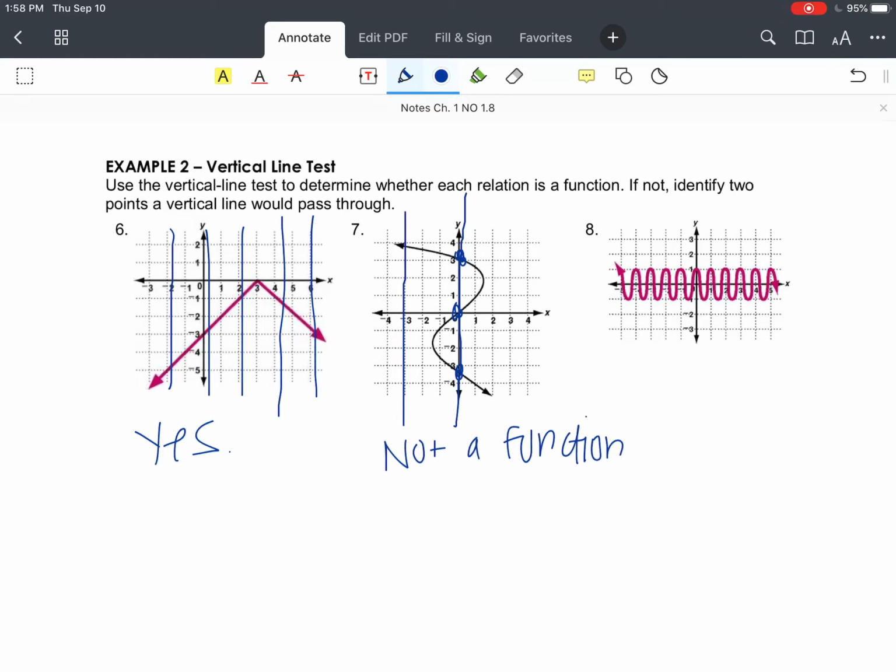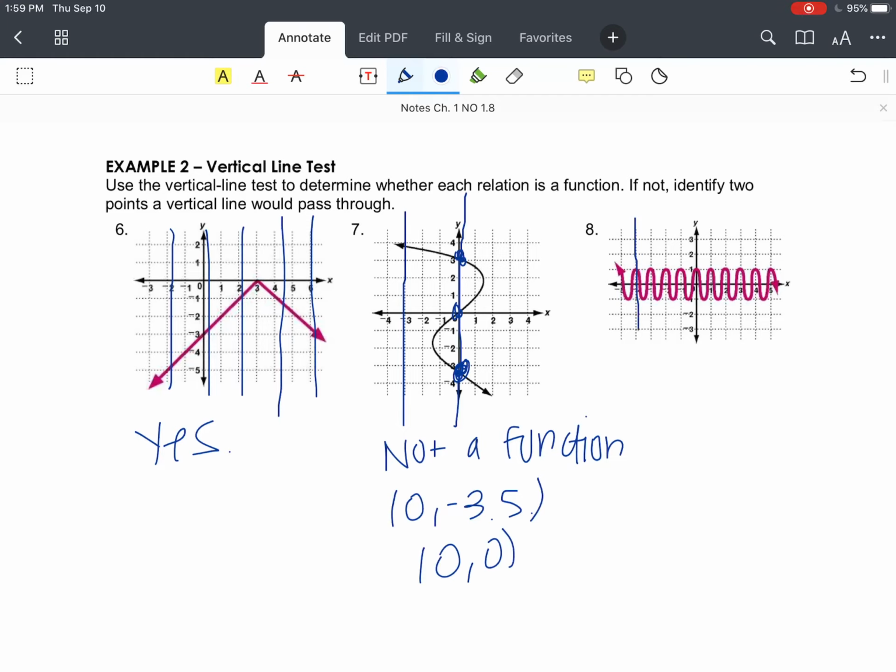There are lots of different points you could choose for why it's not. This graph hits at the point 0 and then about -3.5, down here, and also at the point 0, 0. So I have repeated x values. You could draw another line and see again that it hits at more than one spot.